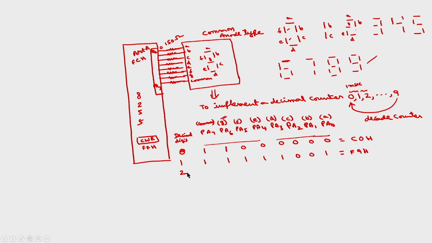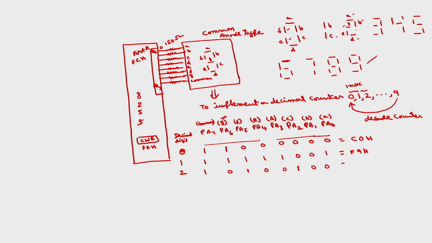Corresponding to 2, I want to glow A, B, D, E, G. So what is the code? This will be 1. I have to make G also 0. F is not there, so 1. E is there, so 0. D is also there, 0. C is not there, 1. B is there, 0. A is there, 0.